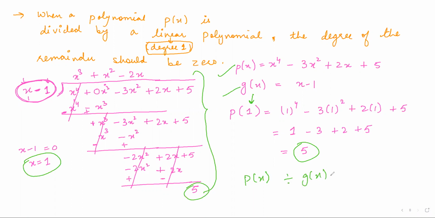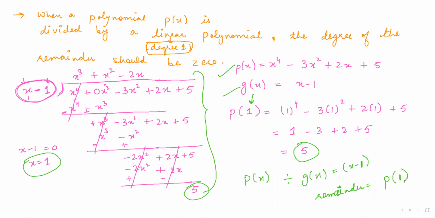Can you tell me what is the remainder? So you don't have to do this process of division. You can directly say that the remainder is equal to the value of the polynomial at, because Gx is actually equal to x minus 1, so the value of polynomial at x is equal to 1 is your remainder. So you can directly say this thing. I hope it is clear.